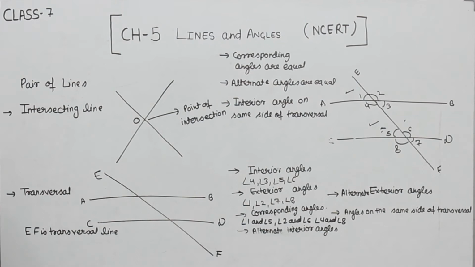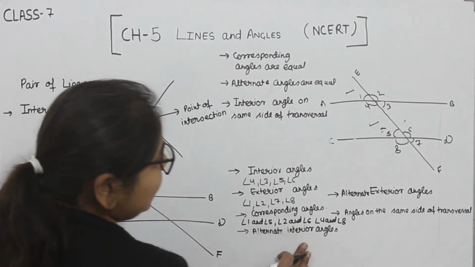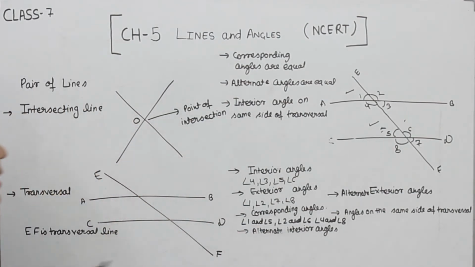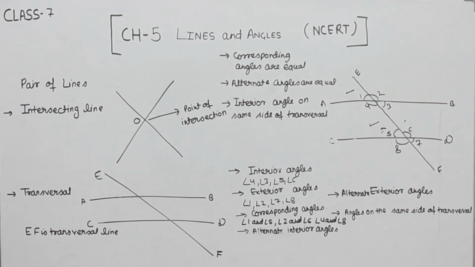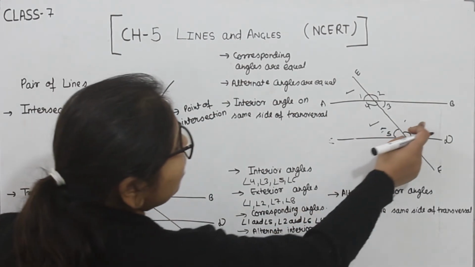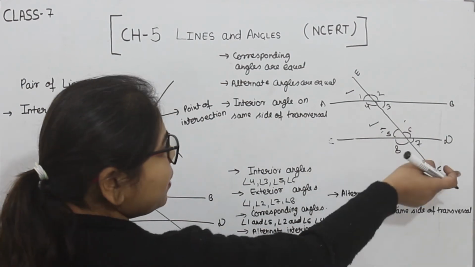Now comes the next one, that is the alternate interior angles. Interior means the inner side of the figure. They are not only on the inner side of the figure, they are also alternate to each other. For the alternate interior angles, angle number 4 and angle number 6 are on the opposite sides of the transversal line.